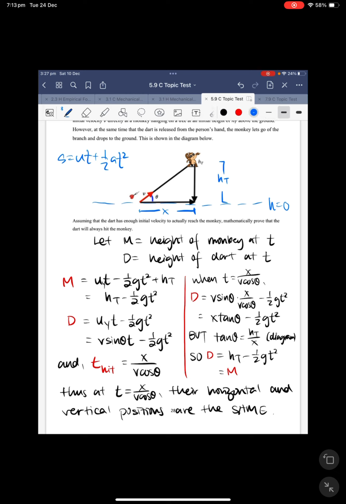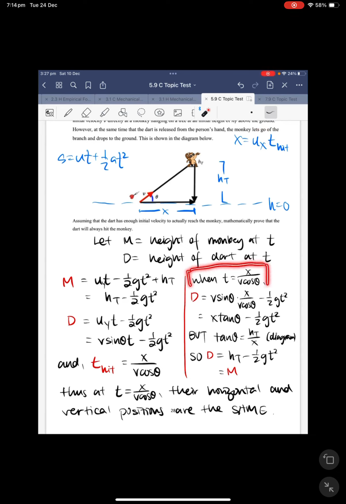Now we know that x is equal to its initial horizontal velocity times the time it takes to reach that place, and so the time it takes for the horizontal displacements to match up is going to be x on v cos theta, where v cos theta is the initial horizontal velocity of the dart.